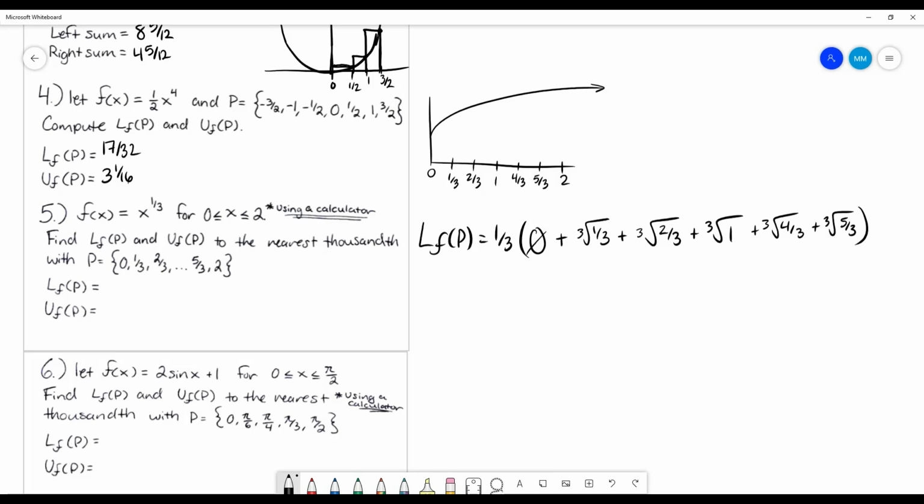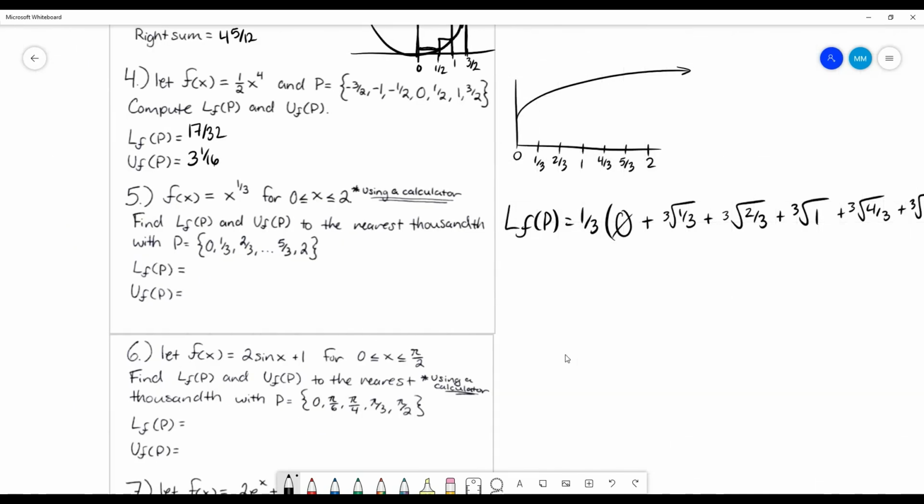So let's see. Cube root of 1/3 plus cube root of 2/3 plus cube root of 1, which is just 1, plus cube root of 4/3 plus cube root of 5/3, and then all times 1/3 or just divided by 3, and that gives us a lower sum that looks something like this.